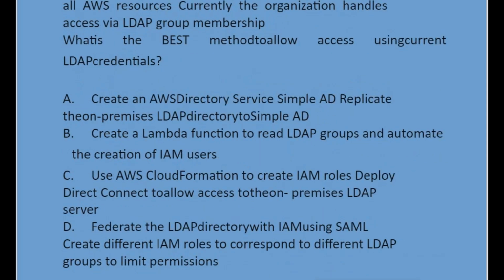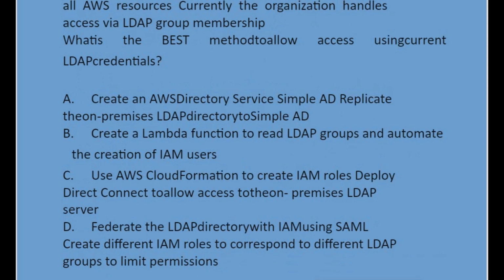Option A. Create an AWS Directory Service Simple AD and replicate the on-premises LDAP directly to Simple AD. Option B. Create a Lambda function to read LDAP groups and automate the creation of IAM users.